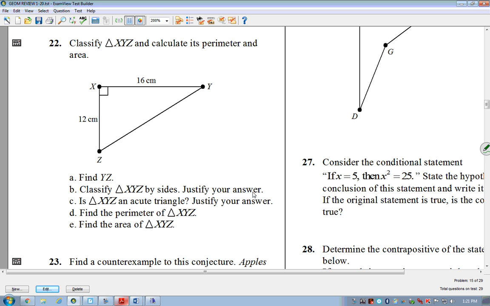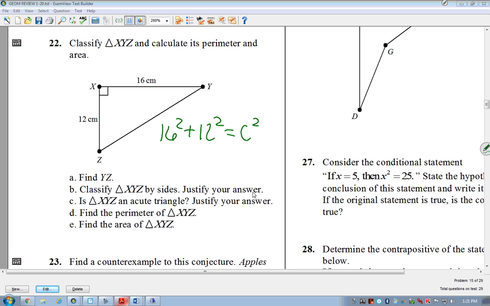Blake, tell me how to find the hypotenuse with these numbers. The Pythagorean theorem? Okay. What do you got? It'd be 16 squared plus 12 squared equals C squared. 16 squared is what? 256.